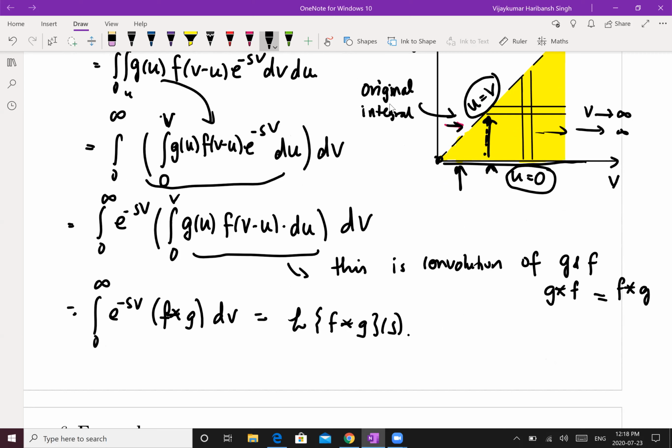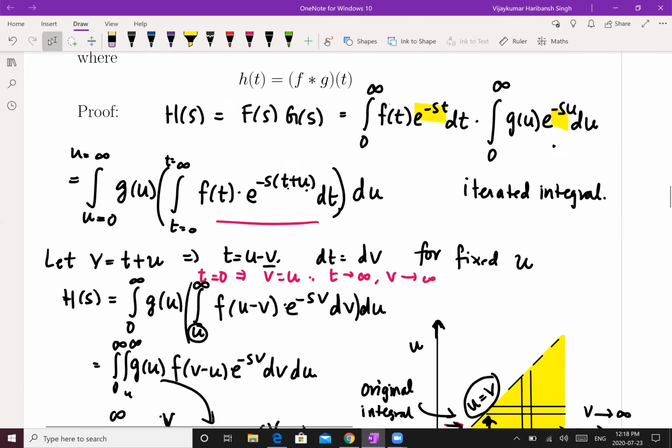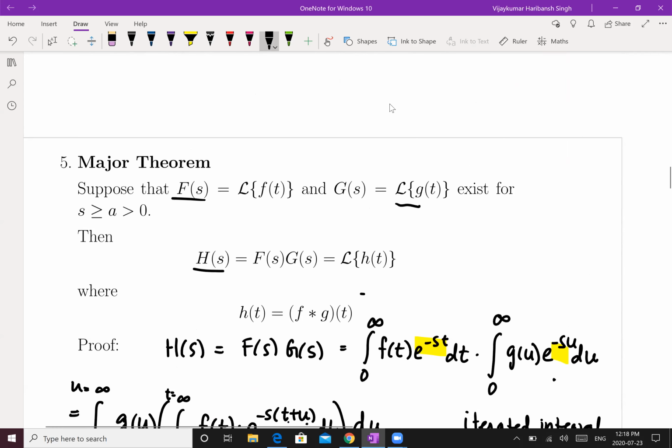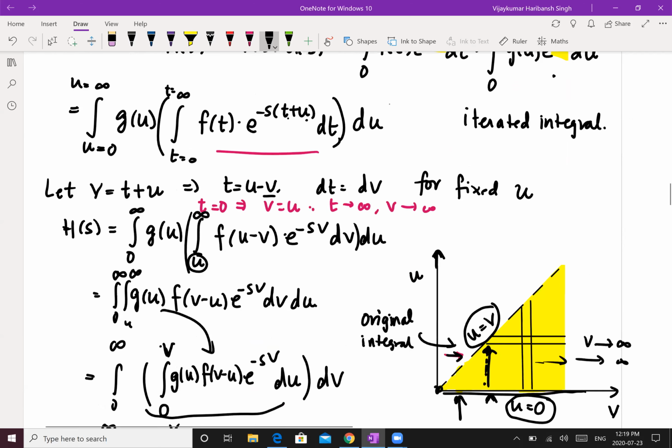And in the notation of h, this is the integral of e to the power minus sv h of v dv. So the connection is made. The connection is that h of s is the Laplace transform of h of t, where h of t is f star g of t.